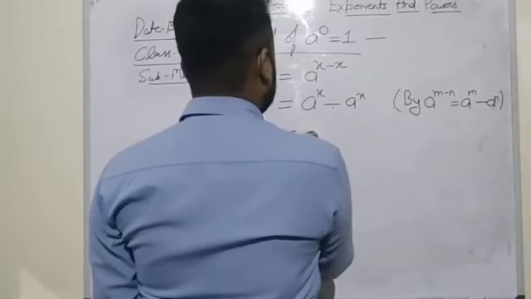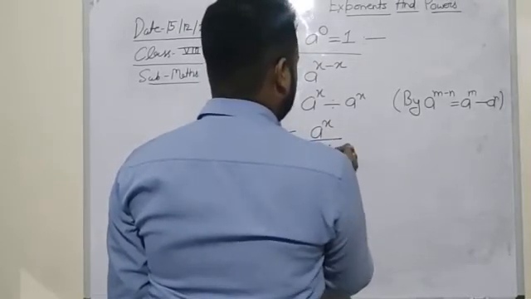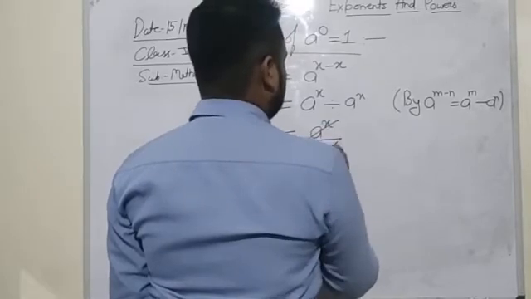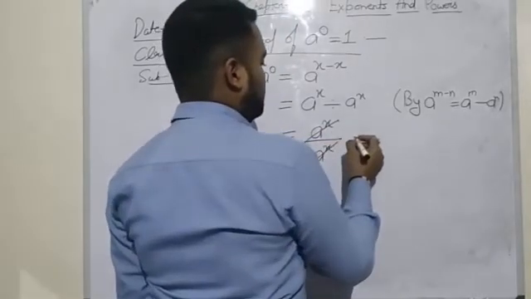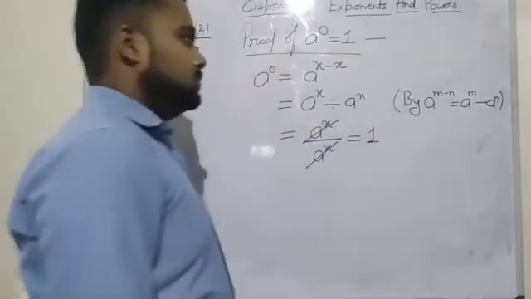So it will be a to the power x upon a to the power x. Then both will be cancelled with each other and its value will be 1. Note it down.